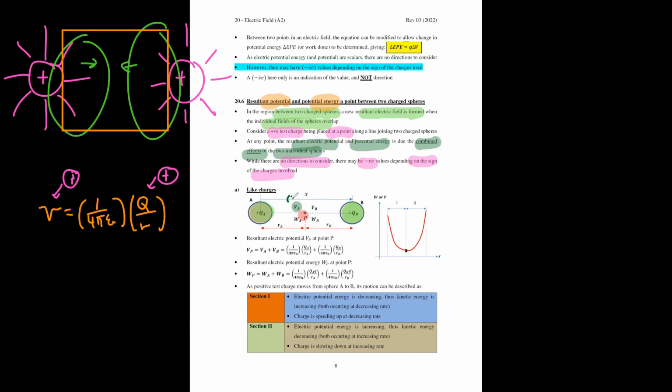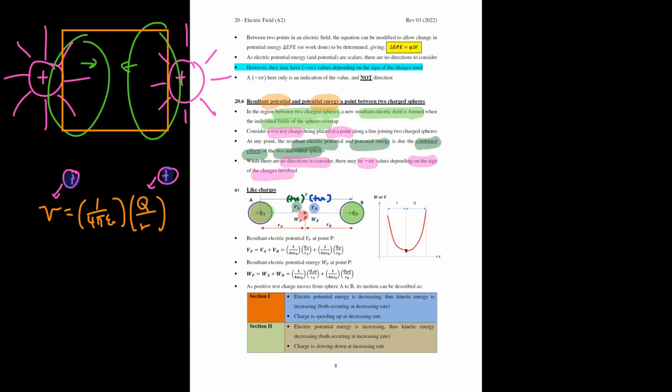This one will be positive. Then you consider the effects due to sphere B alone on the positive test charge. So it would have VB here, the potential due to B. Your main charge is positive, so your potential would be positive too. So your VB would be positive too.